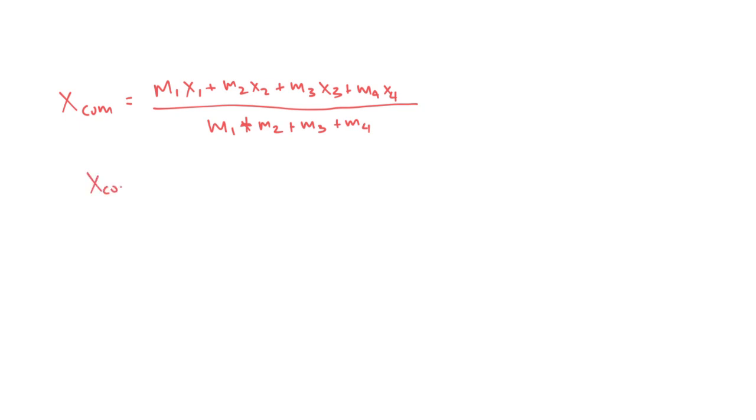So we have X center of mass is equal to the summation with index equals 1, so from 1 to 4, of Mi Xi, over the summation from index 1 to 4 of Mi.